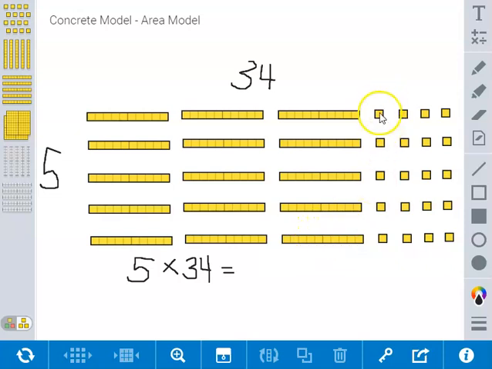Now with the ones, 151, 152, 153, and so on up to 169, and 170. So we know that 5 bags with 34 in each ends up with the product of 170 marshmallows, and we know that because we counted out our area model.